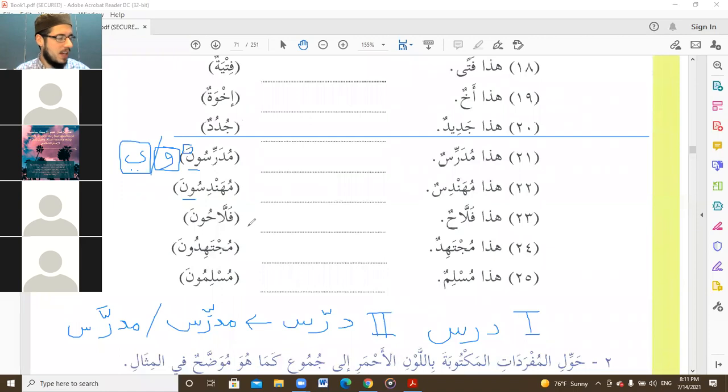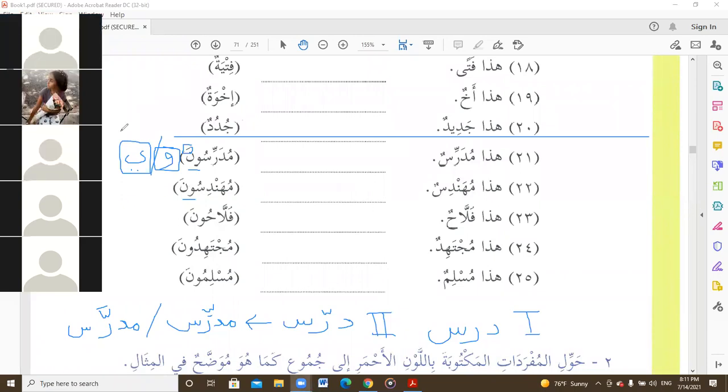So I don't know if they named farmers that because they rejoice at having a good crop. I'm not sure of the history of that word. But fallah would be like sigha mubalagha. Maybe Khawla, maybe you know, I'm not sure. But fallah would be sigha mubalagha from falih.